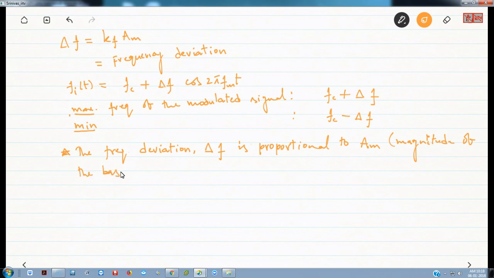Magnitude of the baseband signal. And you should also note that delta f is independent of f_m. What is f_m? Frequency of the baseband signal.